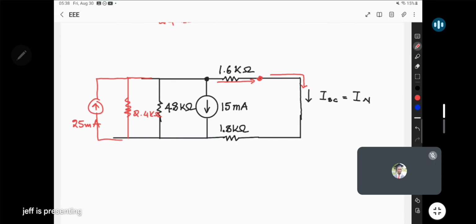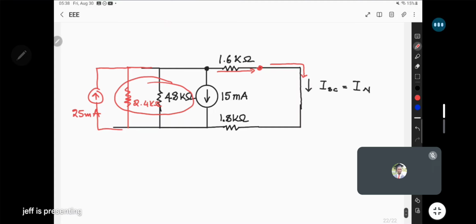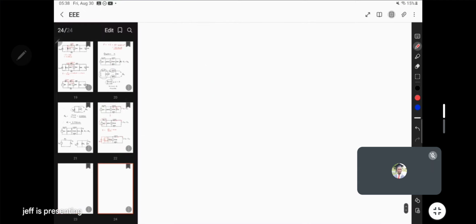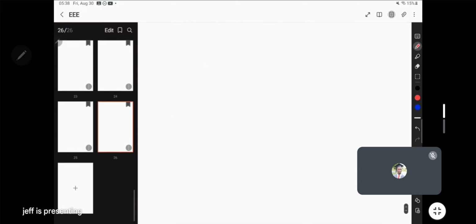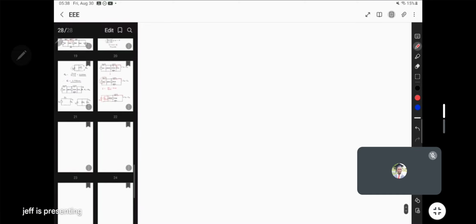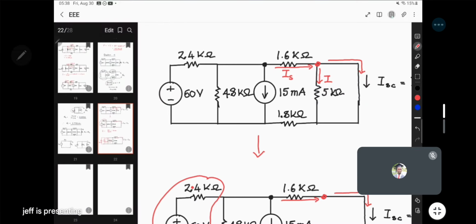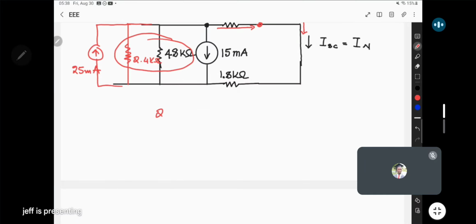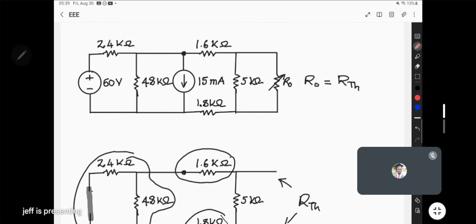Let's see. These two can be combined into one resistor. They are currently parallel. So since they're parallel, we combine them.